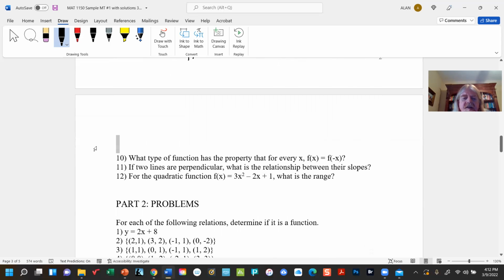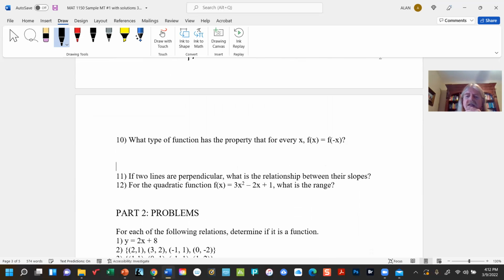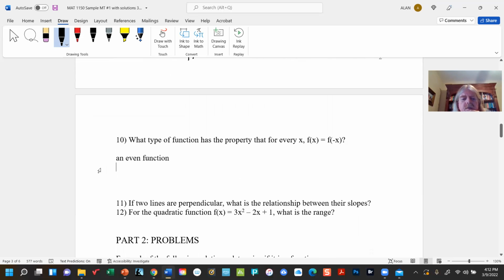Now, what kind of function has the property that for every x, f of x is f of negative x? You might remember, and this is going way, way back, this is known as an even function. If you're not sure, go back to chapter 1. You'll see that there's an even function and an odd function.